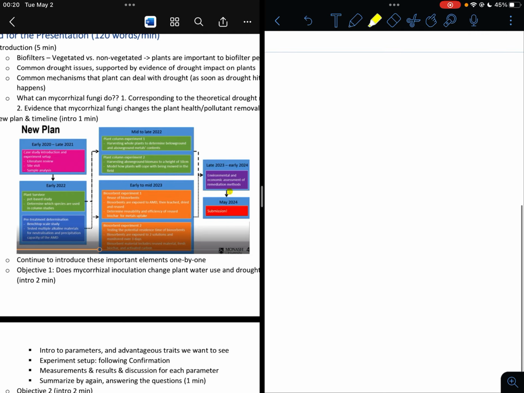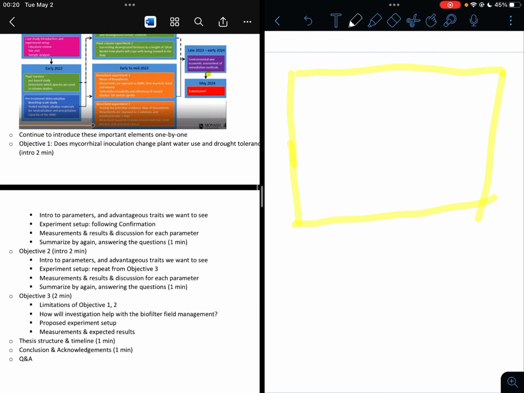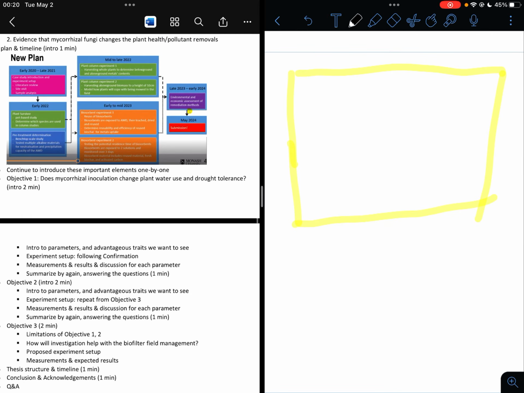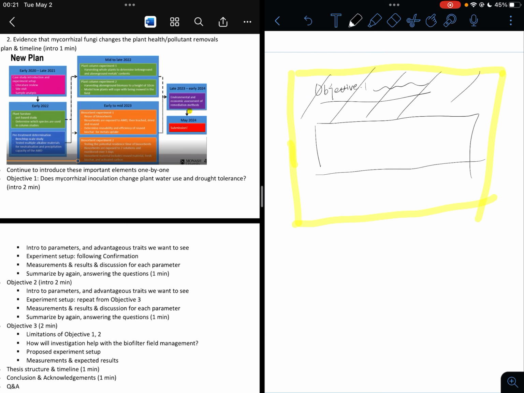So for the next slide, we have another slide here, and then roughly we'll introduce what objective 1 is. I would like to firstly pop up the research question here. So we'll say objective 1 blah blah blah, and then we'll pop up the research question here with a bit of shading behind.